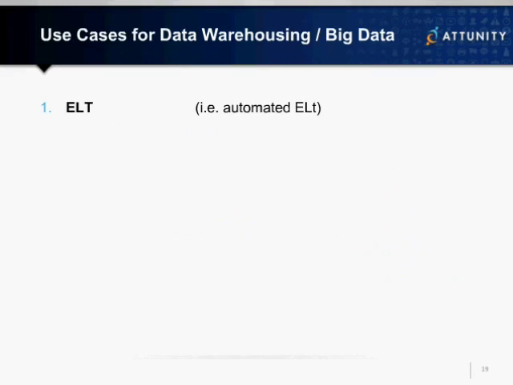We see more and more customers today leveraging an ELT versus a more traditional ETL process to expedite the data process, to leverage the capacity and performance of the data warehouse and analytic platforms that are available today, like, of course, Pivotal Greenplum database or Pivotal HD, and able to quickly automate the process of loading data and making it available.